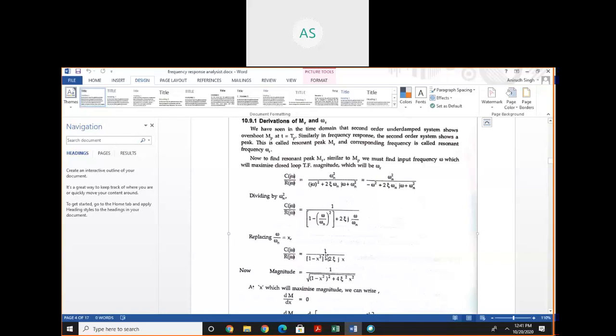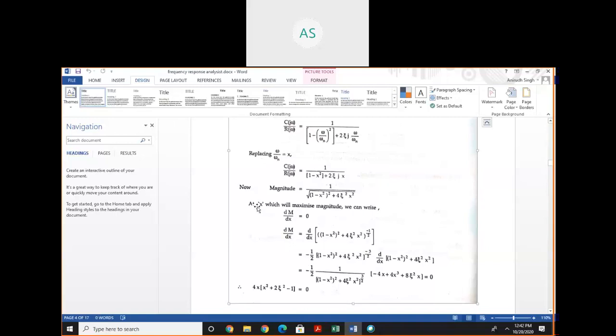If we put omega by omega n equal to x, then C(j omega) divided by R(j omega) is equal to 1 divided by (1 minus x square) plus 2 zeta j x. Then the magnitude is equal to 1 divided by the square root of the square of the real part plus the square of the imaginary part.